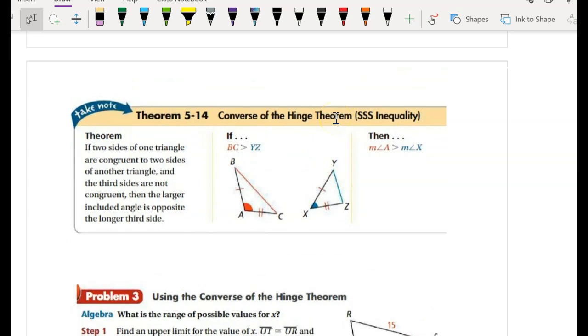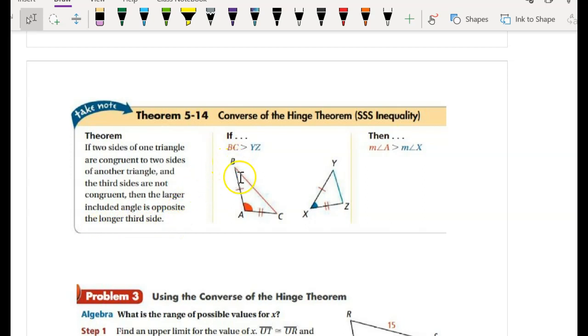Okay, so now we're going to take a look at the converse of the hinge theorem. The converse of the hinge theorem says if two sides of one triangle are congruent to two sides of another triangle, again, AC is congruent to XZ, and the third sides are not congruent, BC is not congruent to YZ, then the larger included angle is opposite the longer of the third side.